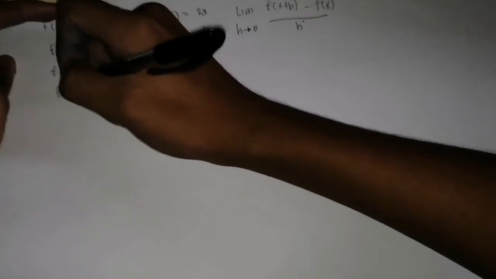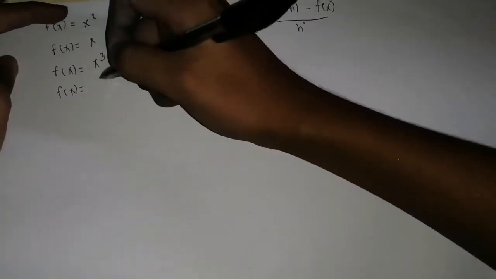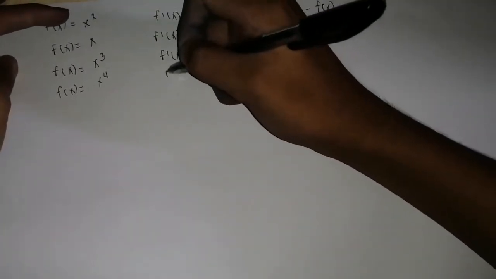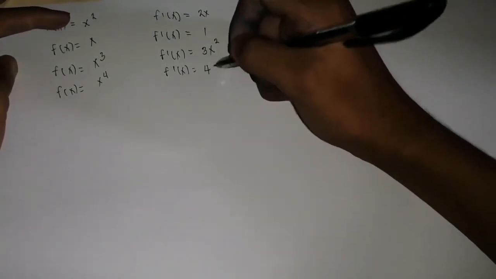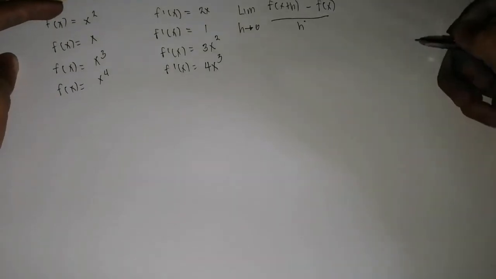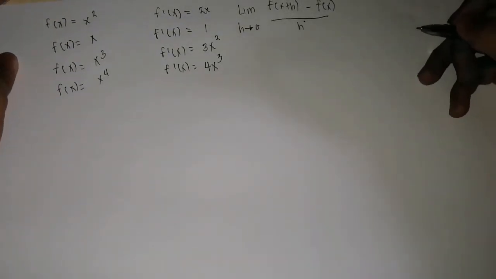Then, f of x is equal to x raised to 4. Its derivative is 4x raised to 3. Do you notice the pattern?